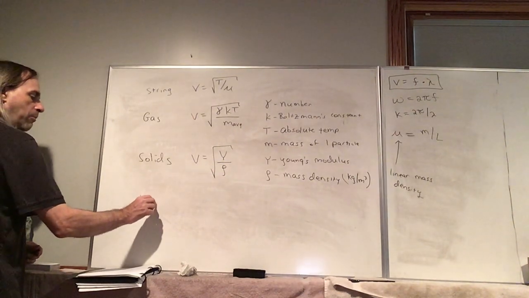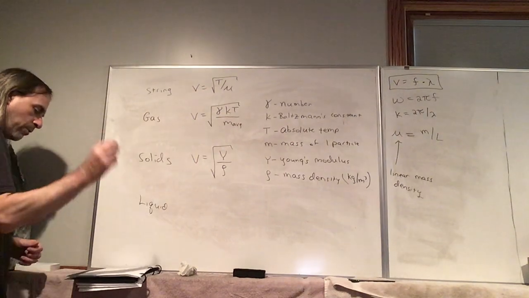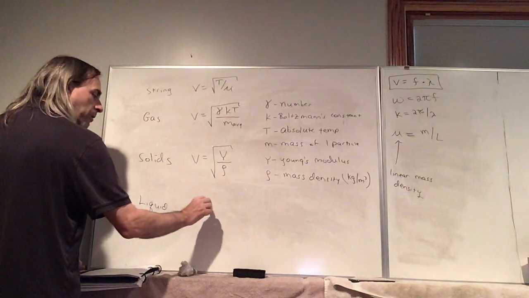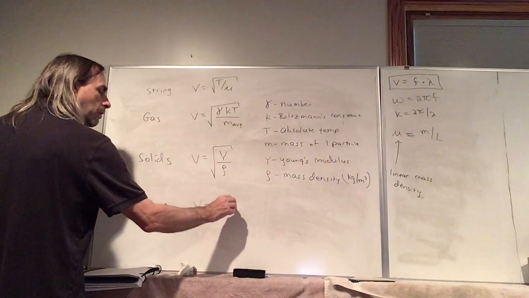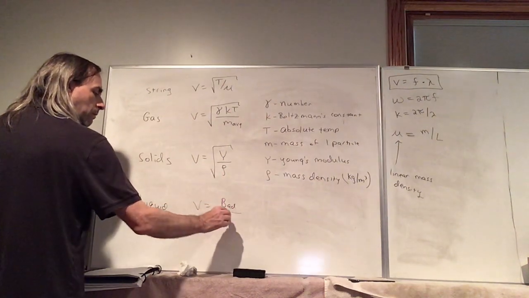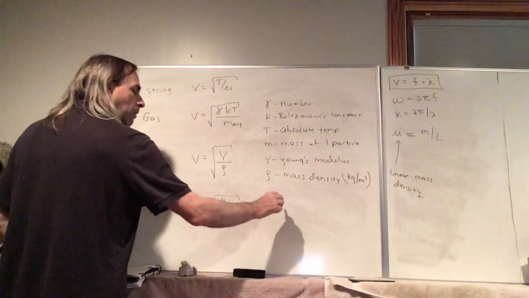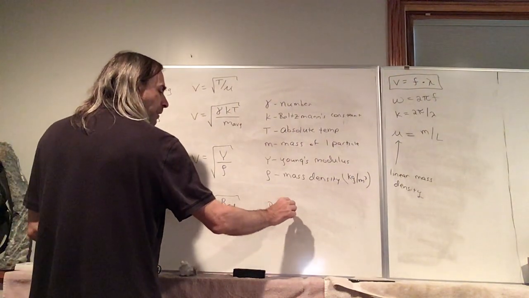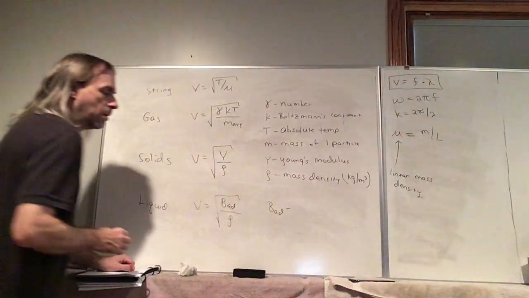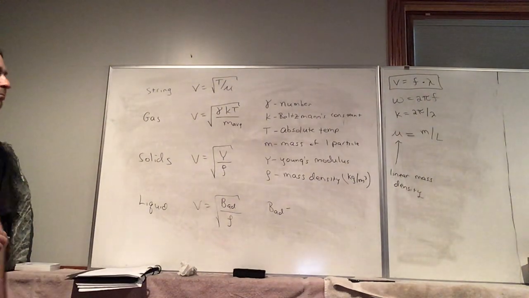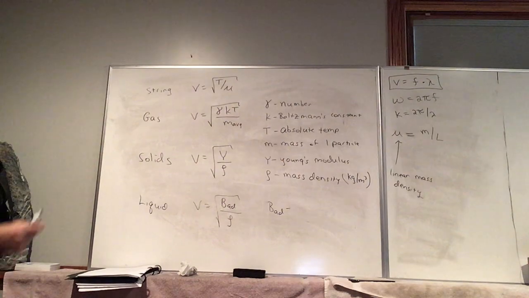I'm going to write down one more. That would be a liquid, where the speed... now this has a kind of impressive name. Well, it looks like bad, but B with a subscript AD.